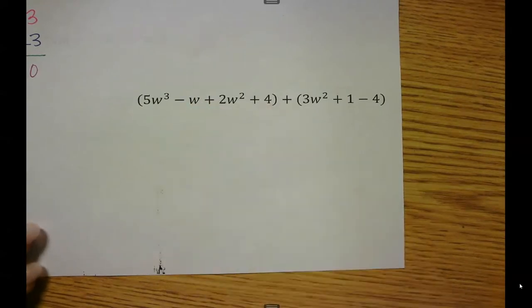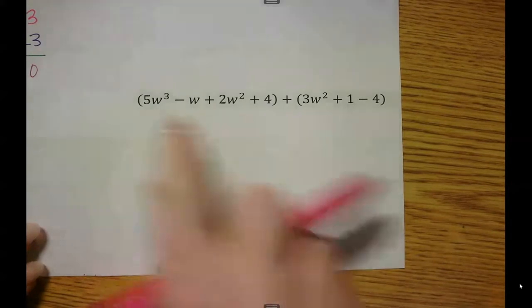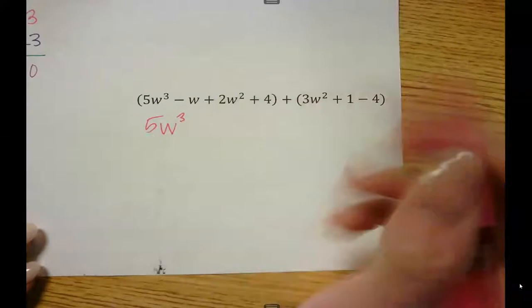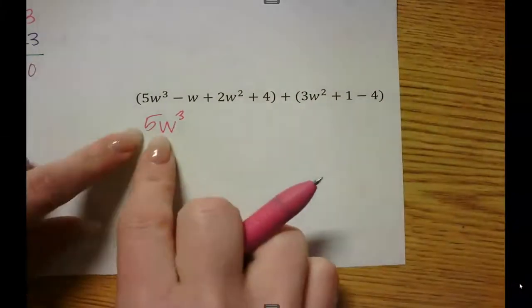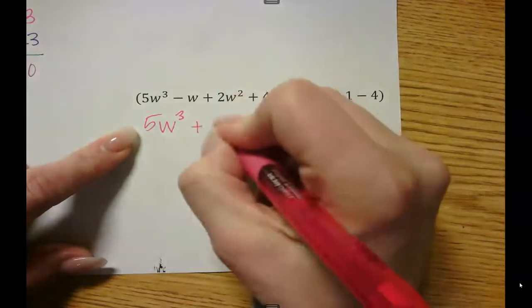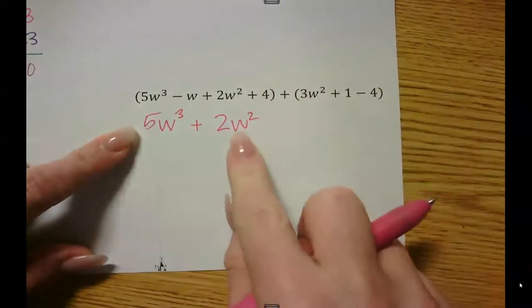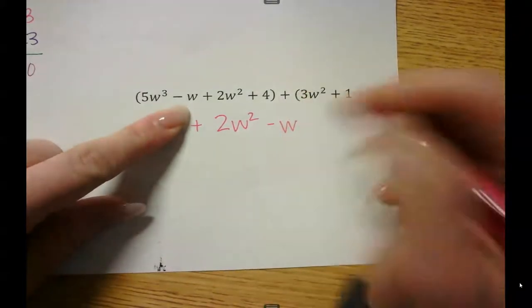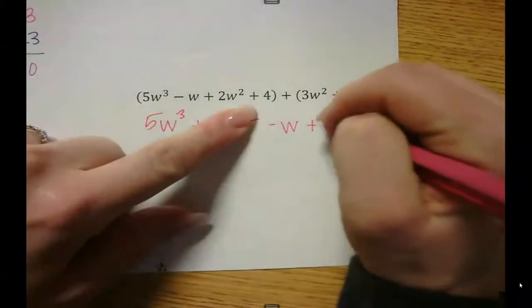Okay, so let's rewrite. Remember this one first. Since our w to the third is our biggest one, that goes first. Our w squared is second, so positive 2w squared. And then our w, so minus w, and then our number, plus 4.